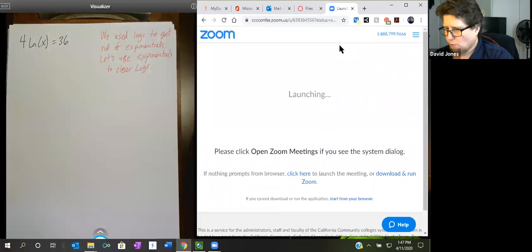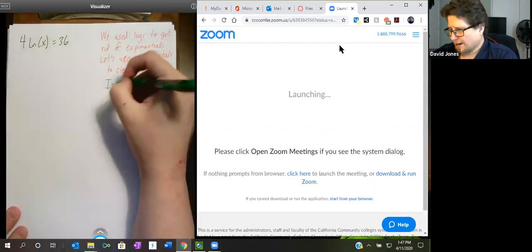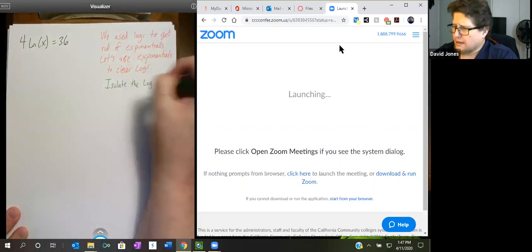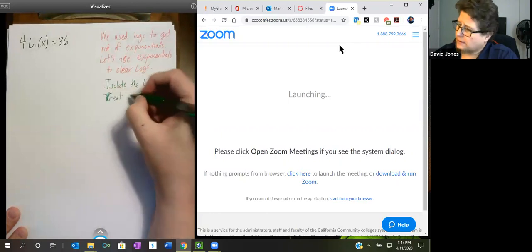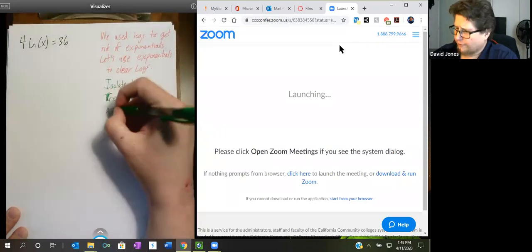And what we're going to do is isolate the log and then raise or treat each side as an exponent for the same base.